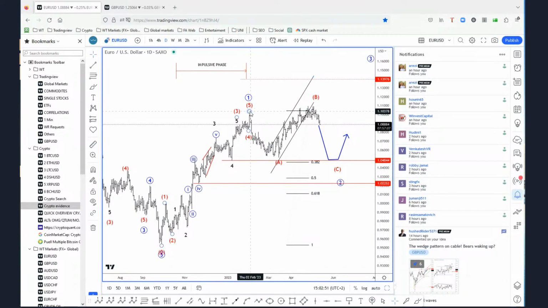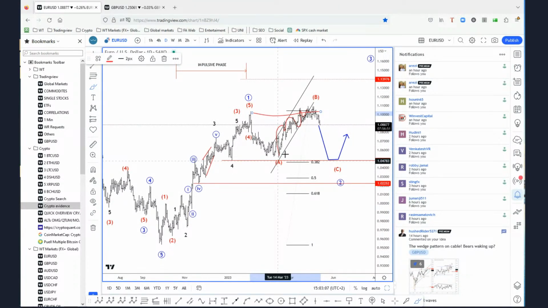And notice what I really like about this is that this wave B is overlapping with its substructure. Also, this move to a new high did not last long. We are already coming back to the downside.